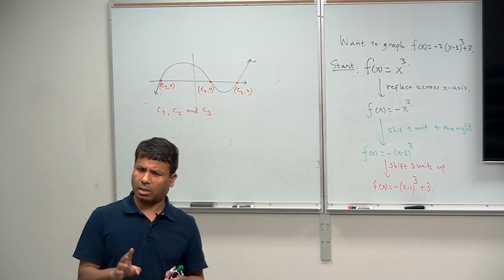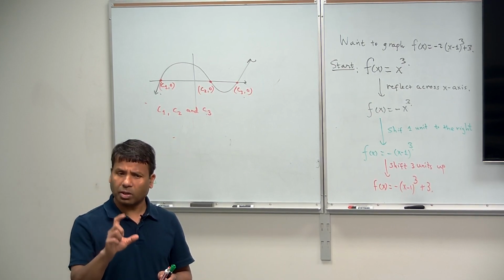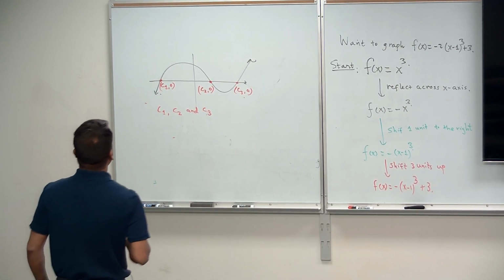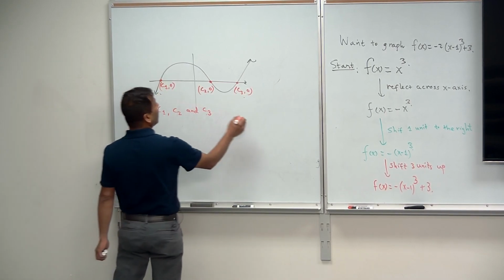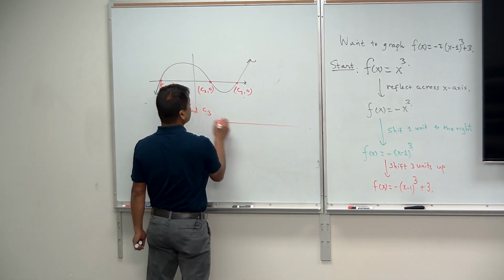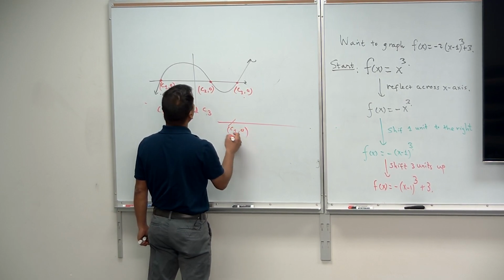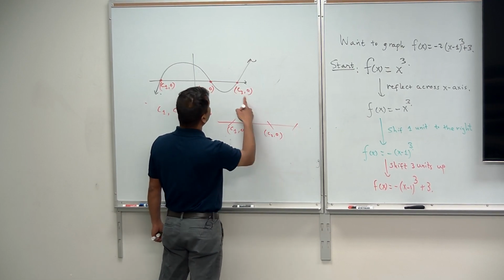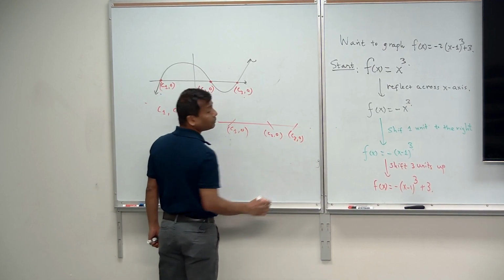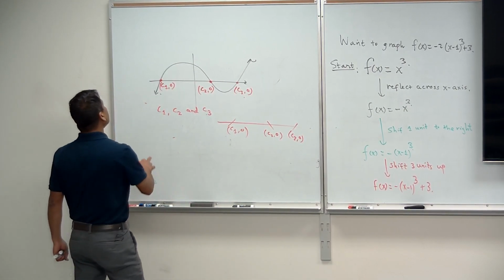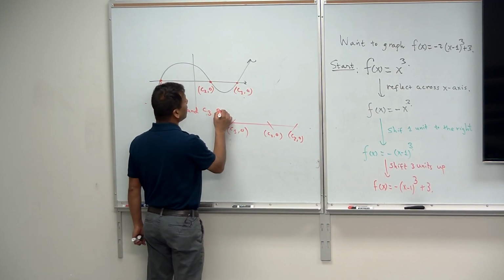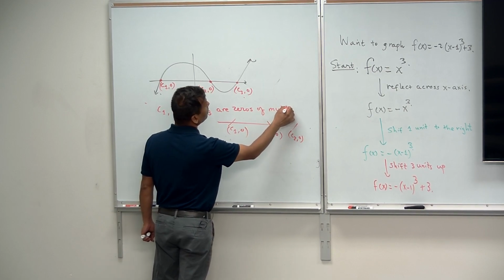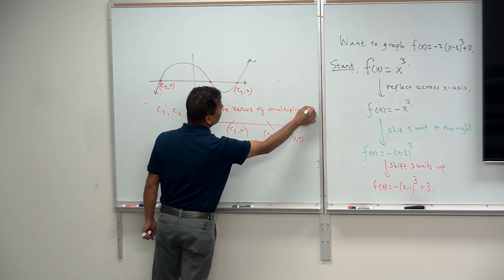You remember the multiplicity of a zero, the number of times the zero repeats. The graph simply crosses at (C1, 0), at (C2, 0), and it simply crosses here at what? (C3, 0). So that means C1, C2, and C3 are zeros of multiplicity 1.